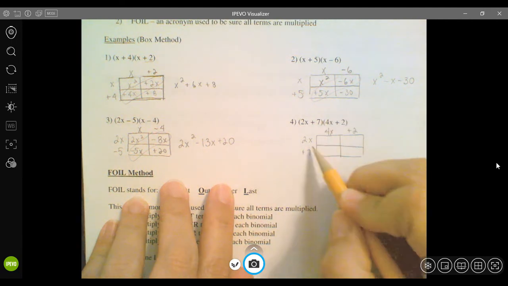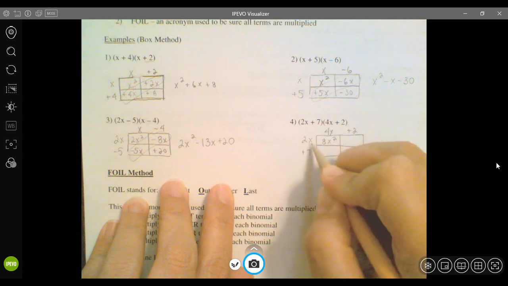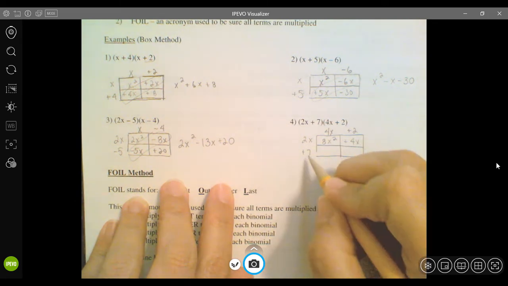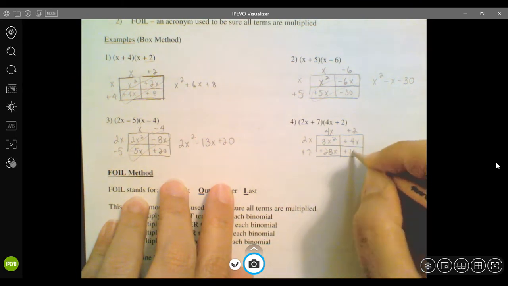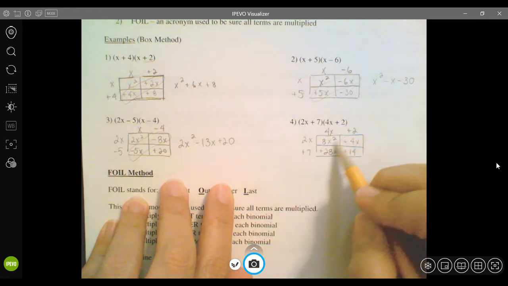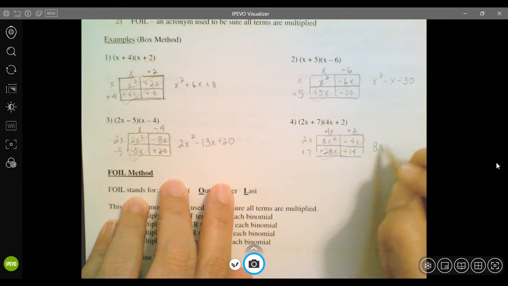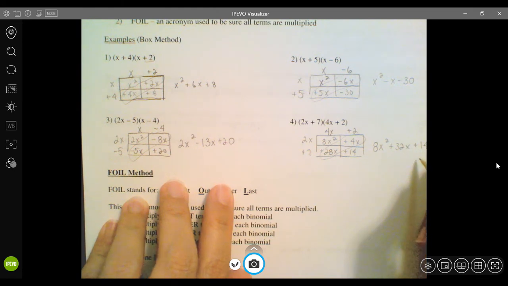All right. 2x times 4x is 8x squared. 2x times 2 is 4x. 7 times 4x is 28x. And then 7 times 2 is 14. Here are my like terms. So when I combine my like terms, I have 8x squared plus 32x plus 14.